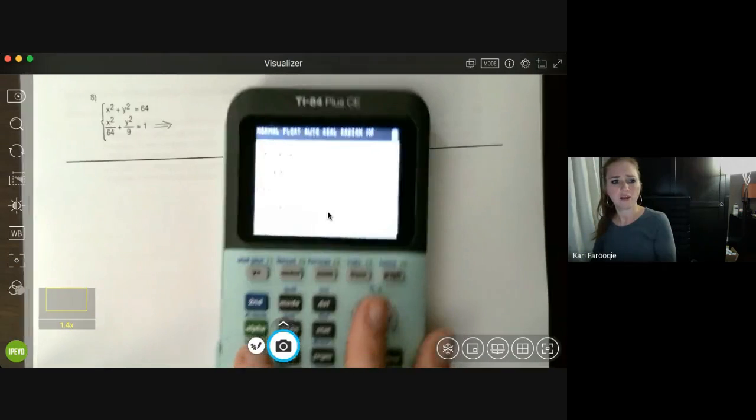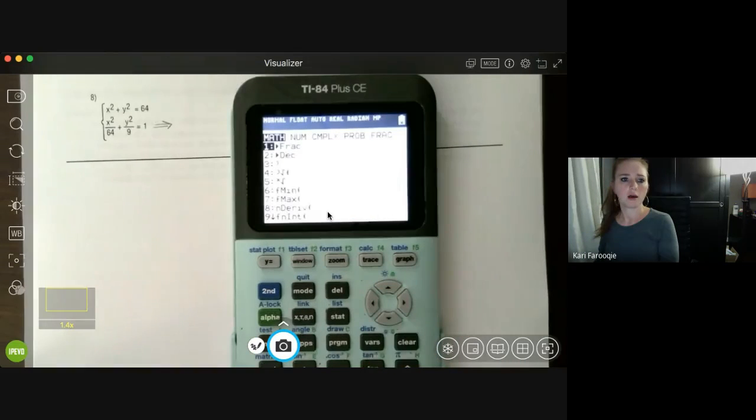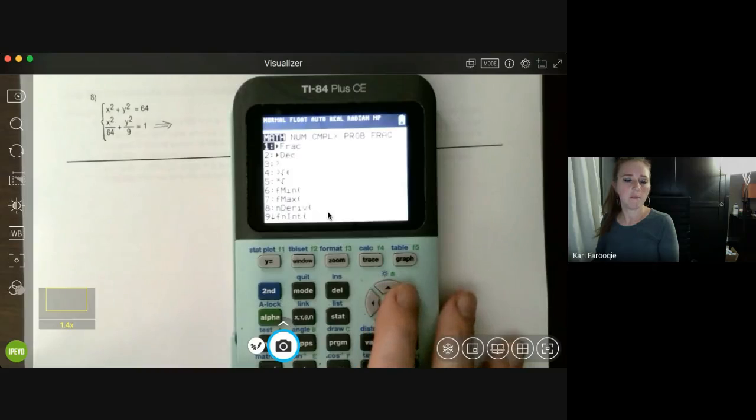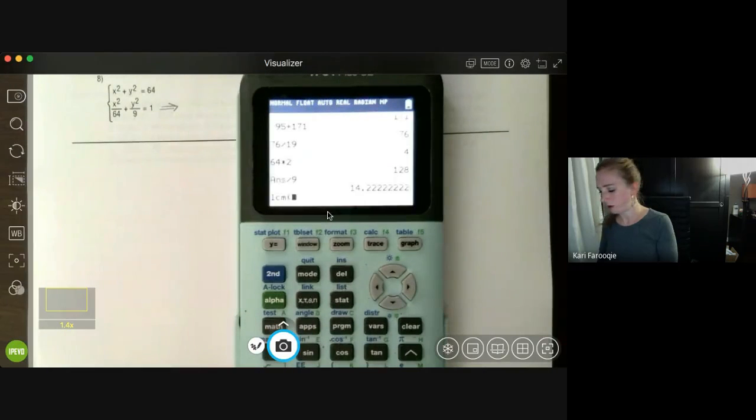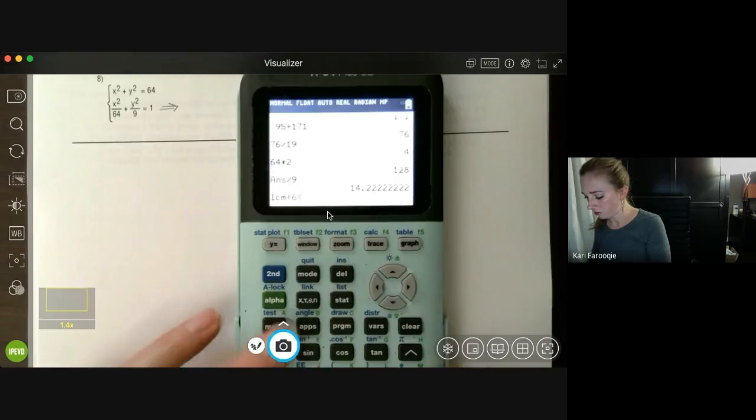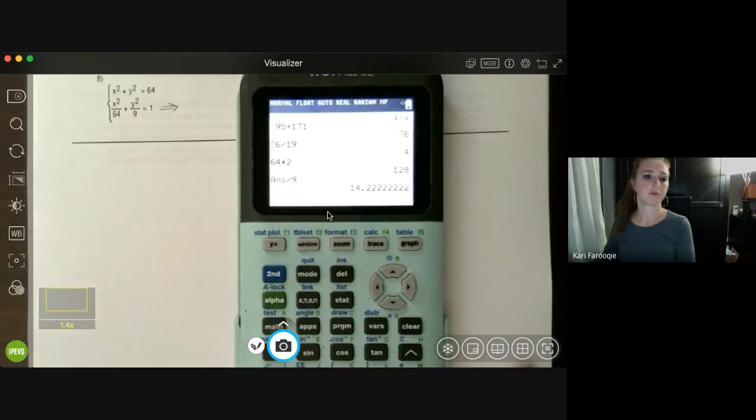If you hit the math button, you can go to number, and number 8 is for LCM. So math, number, LCM, and you can actually put in the 64 and the 9, separating them with a comma. And it will tell you that the least common multiple is 576.